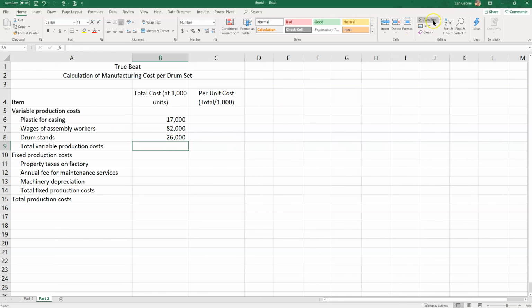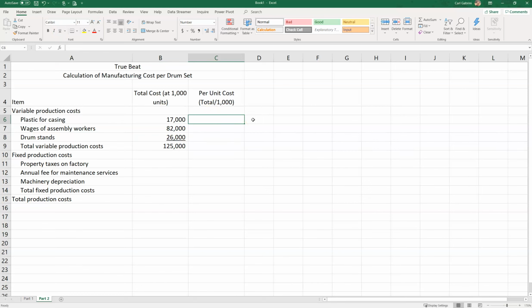I'm going to use my auto sum function here, and we've got a total of $125,000, and I'm just going to underline it. You want to make it easy on somebody to read it.